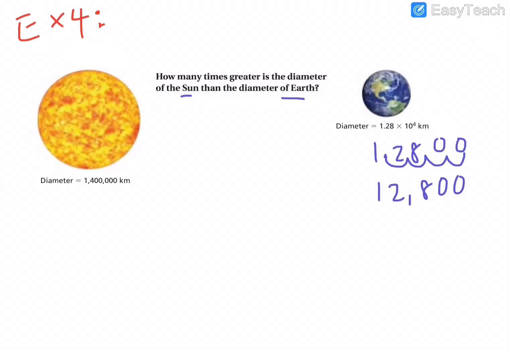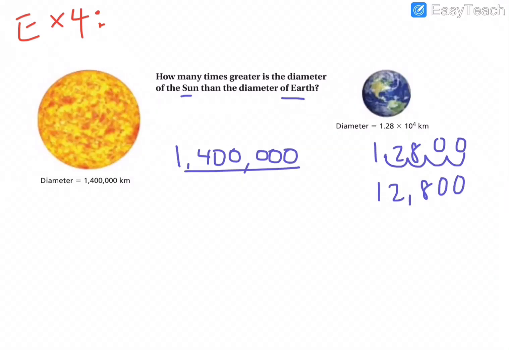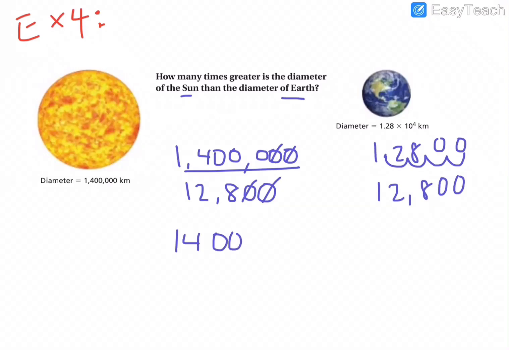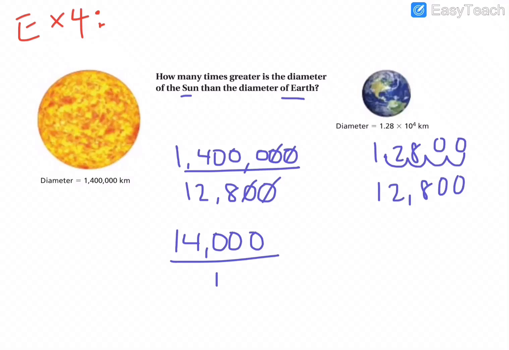So how many times greater is the diameter of the Sun than the diameter of the Earth? So I'm going to take this 1,400,000 and divide it by this 12,800, and I have, let's see, 1,400 over 128. So simply divide.